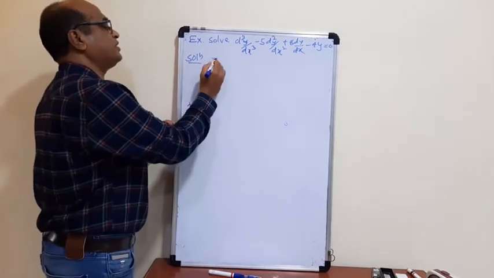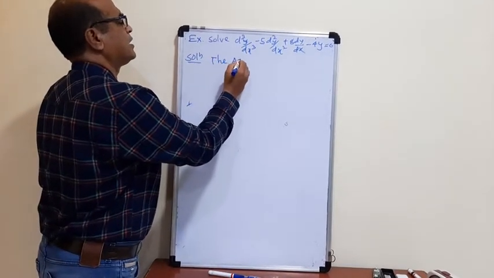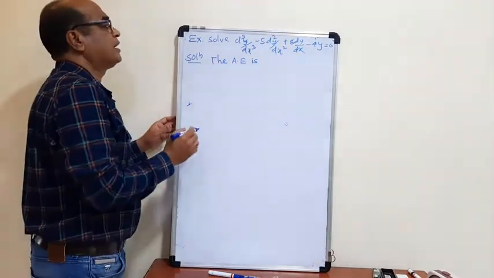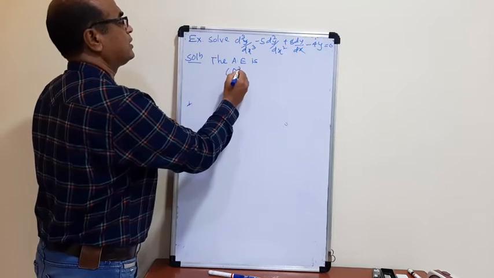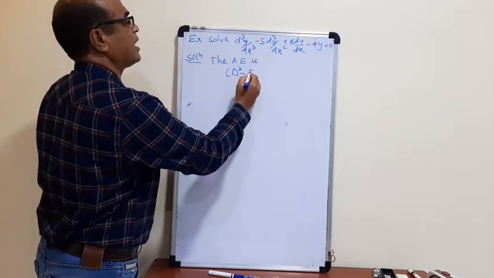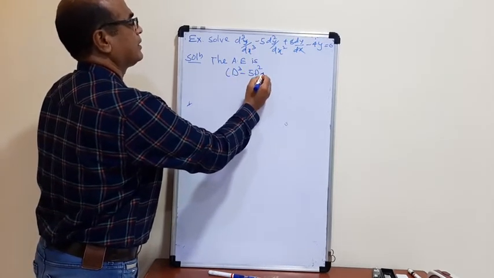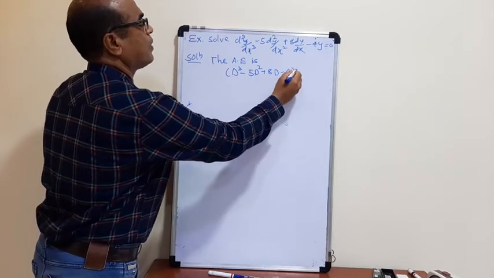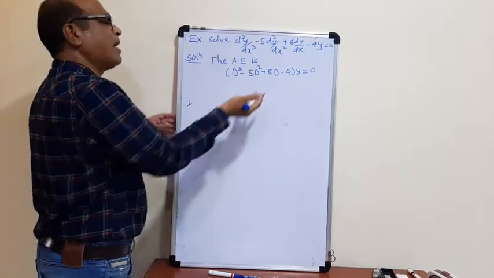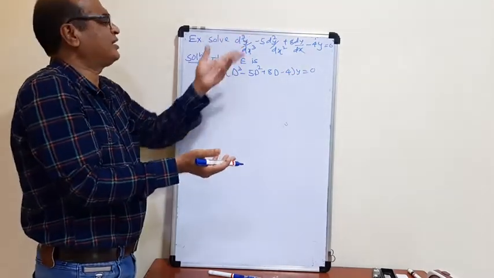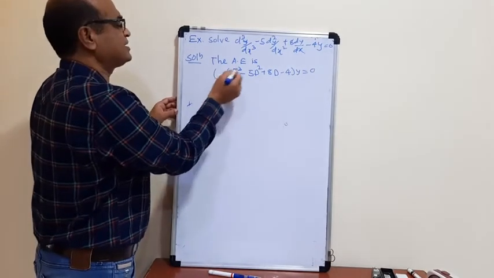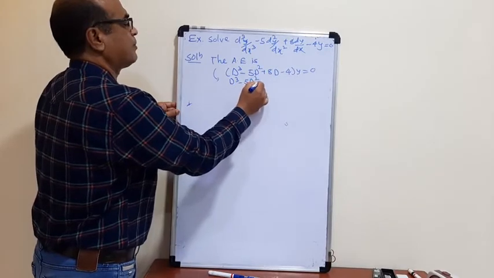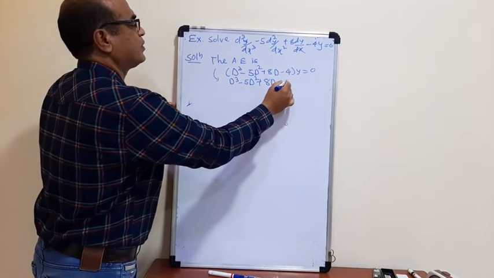So the auxiliary equation, putting the operator d, is d cube minus 5d square plus 8d minus 4 is equal to 0.